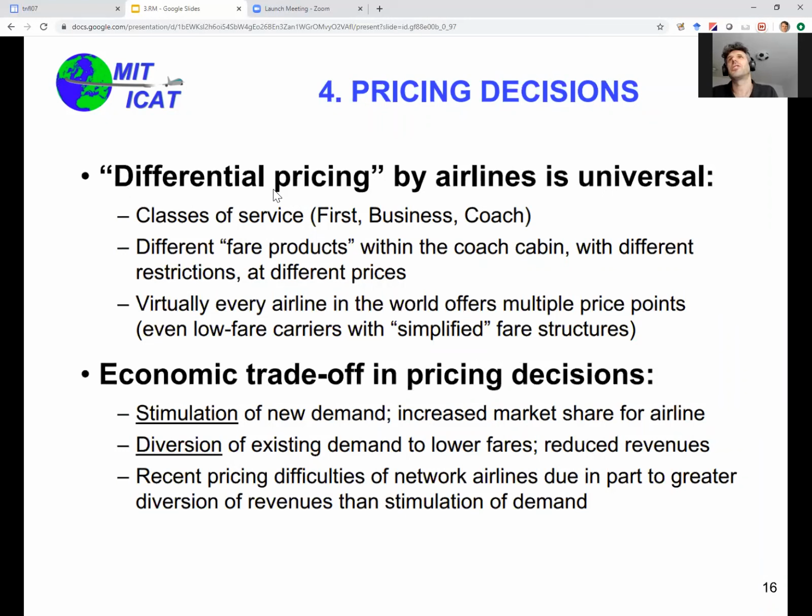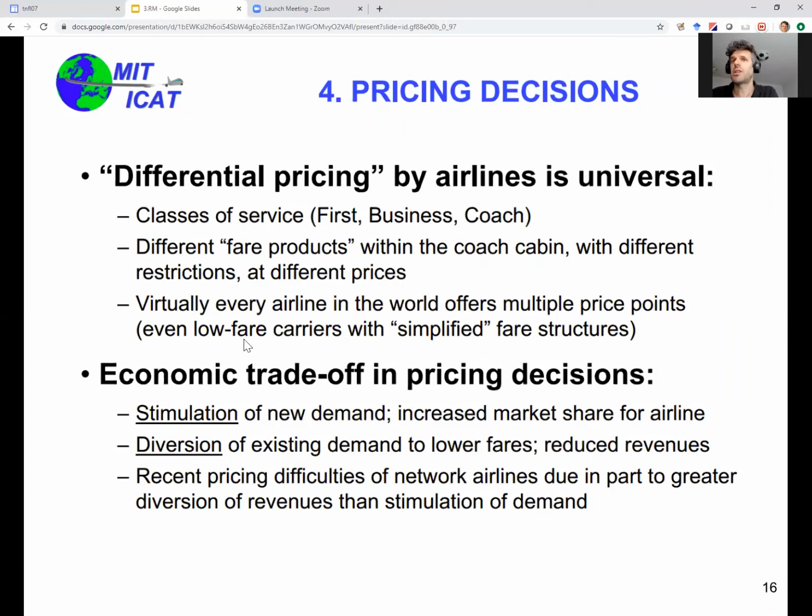So differential pricing means that you have different prices for different classes of service of passengers, or different fare products. And here they say in the third bullet that almost all airlines do have these multiple pricing options.